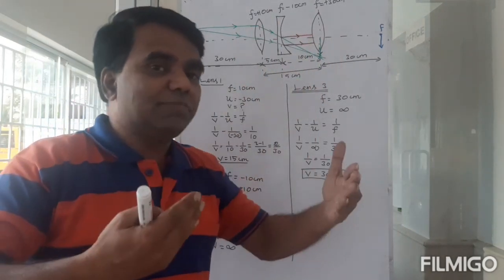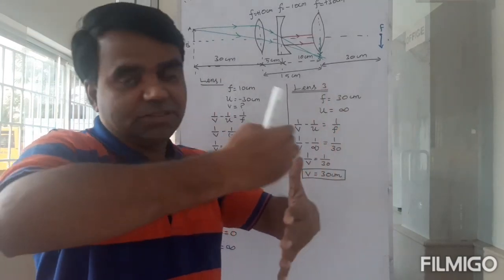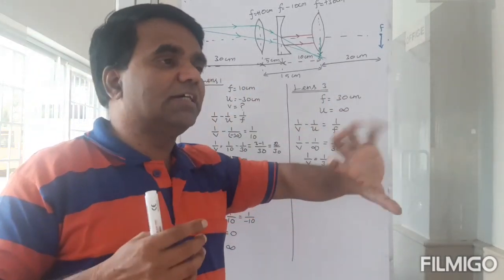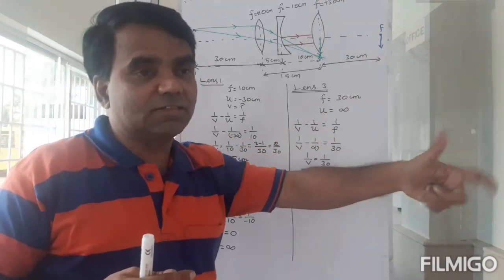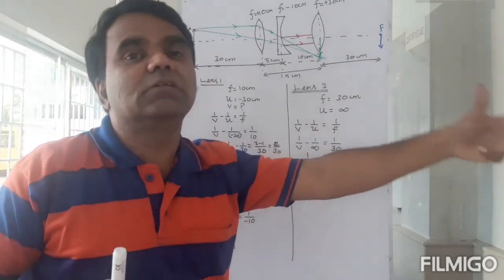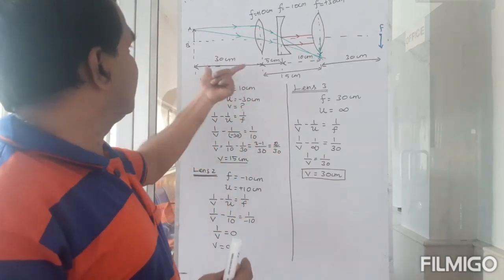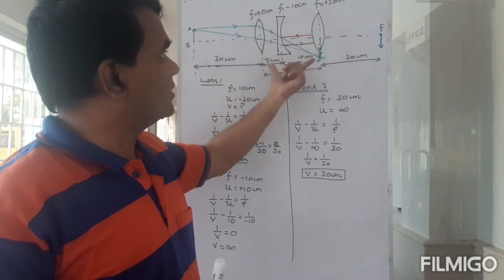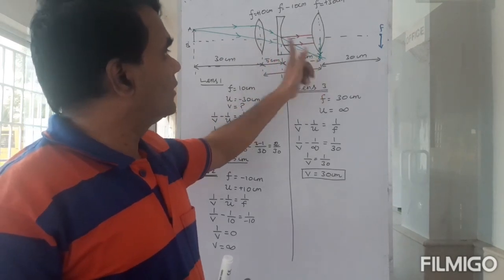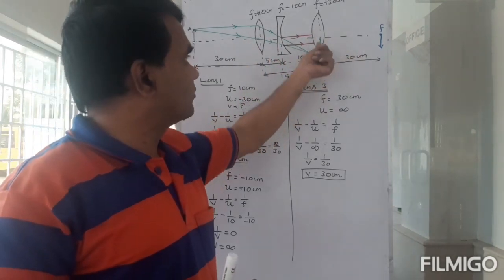One lens tries to form an image, and another lens intercepts those rays and tries to form its own image. Then the third lens intercepts those lines and tries to form its own image. So when you keep an object here at 30 centimeters, even if you keep lenses like this, the image will be formed 30 centimeters from the third lens.